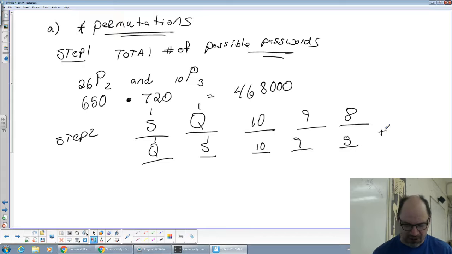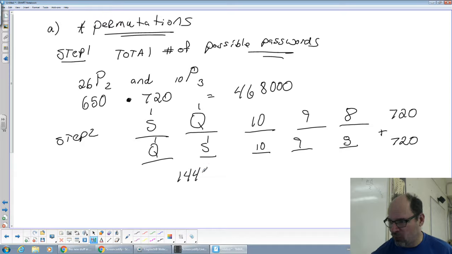So 10 times 9 times 8 gives us 720 ways. So there's 720 ways we can do it that way, and there's 720 ways we can do it this way. So if we add those two together, we have 1,440 ways that fit the condition, that are favorable.